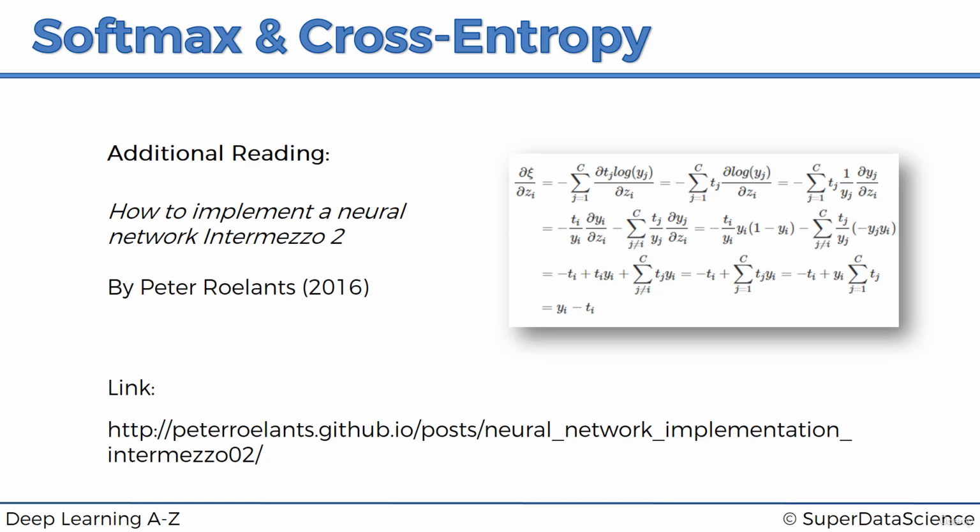Because he's going through all these steps, and then he says, oh, I've got to explain this first. So that's why it's called intermezzo. No other reason, as far as I understand. The article is by Peter Rowlands, 2016 as well. So both are quite recent. And check this out if you would like to dig into the mathematics behind softmax and cross entropy.